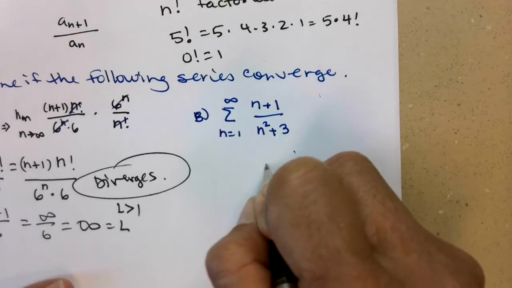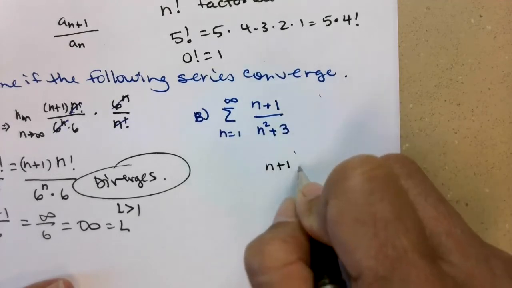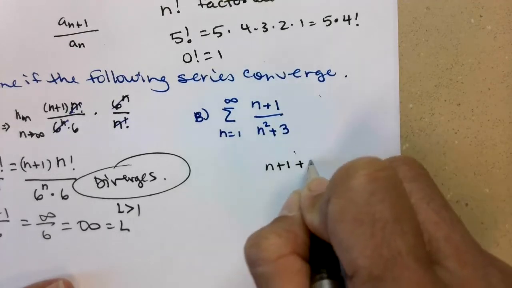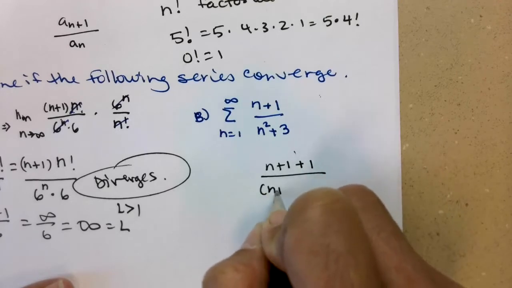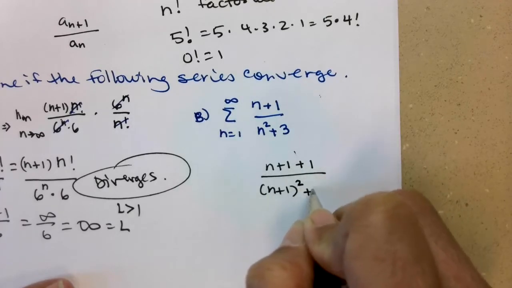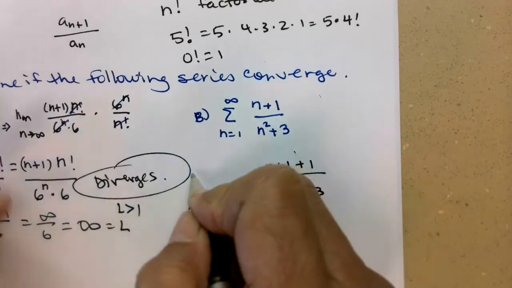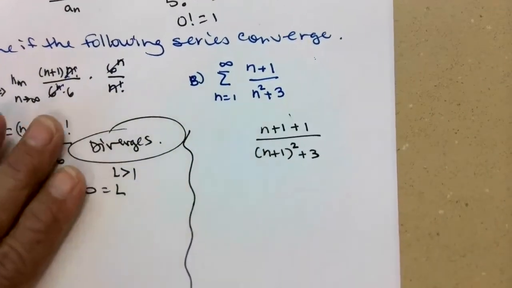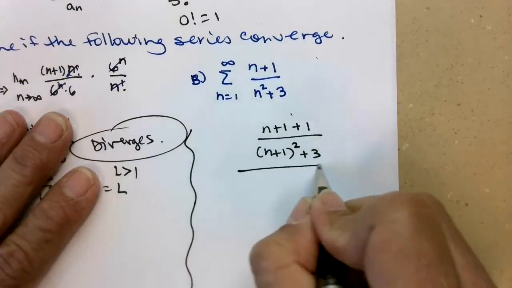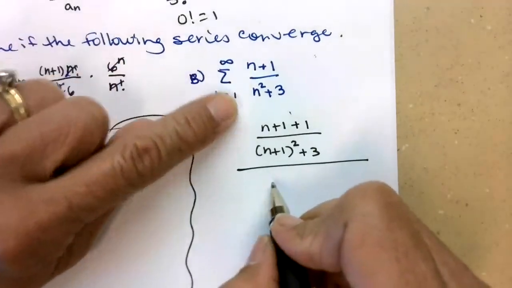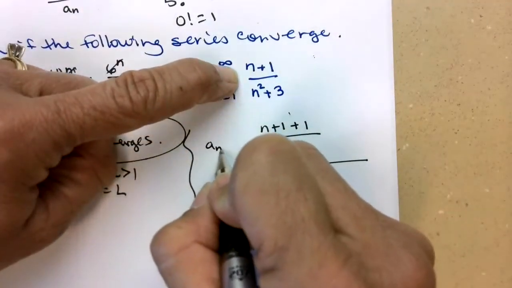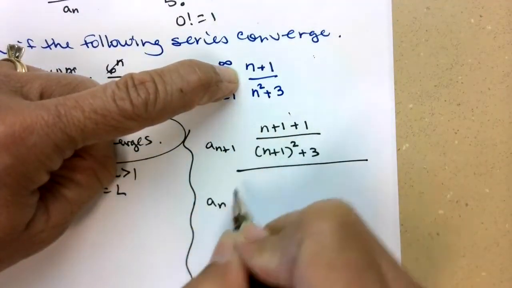So a sub n plus 1 will be n plus 2 over n plus 1 squared plus 3, and here's my a sub n.